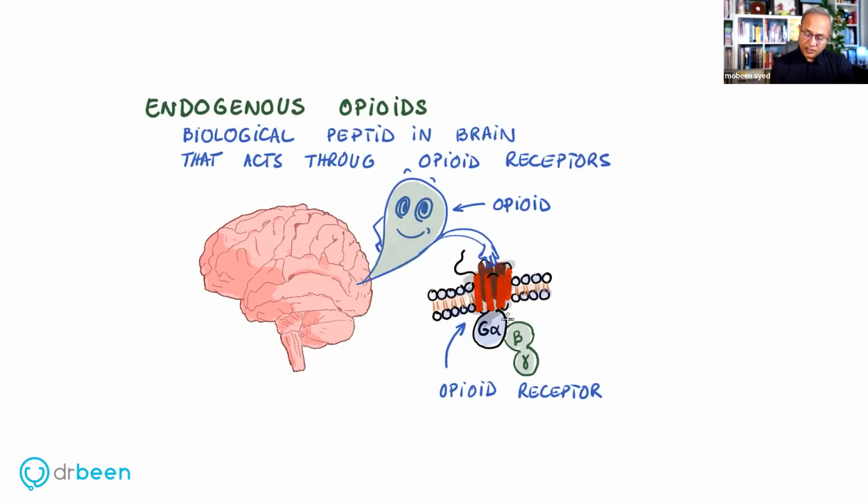Here, you can see there are 7 units sitting next to each other and making a little channel. The opioid binds on this channel at domains number 3 and 7. The space between domains 3 and 7 is a small binding pocket. That is where the opioids will bind. So it's a G protein coupled receptor.